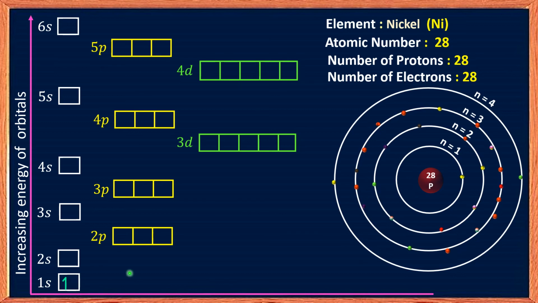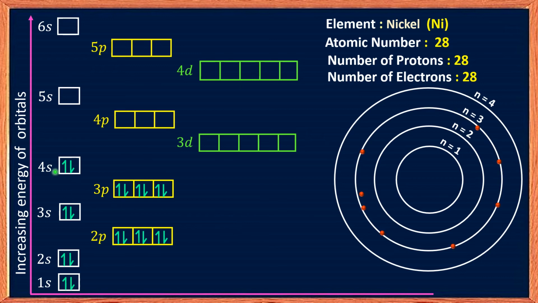First electron enters into 1s. Second electron, so this one is the 19th electron, and the 20th electron pairs up with these electrons.